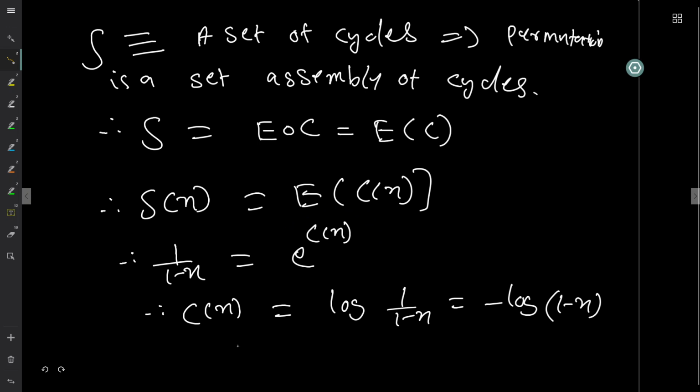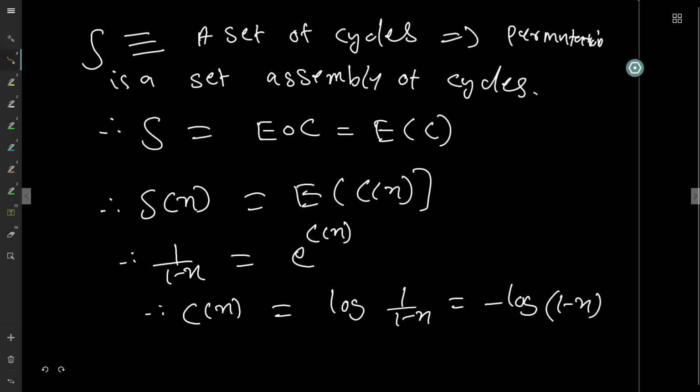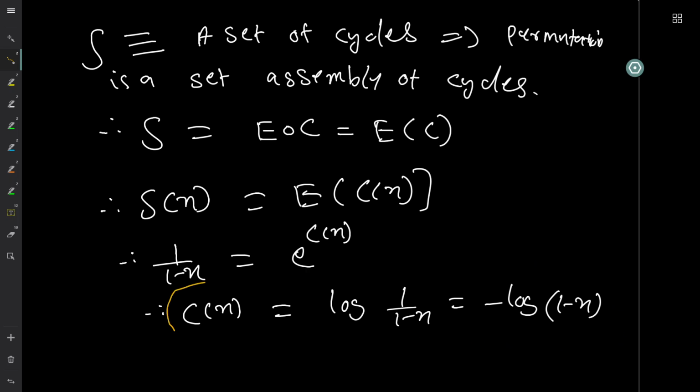Solving for C of x, we get C of x is equal to log of 1 by 1 minus x, which is minus log of 1 minus x. I think this is something that we claimed earlier, so we have a proof now. Using just this observation that a permutation is basically a set of cycles, we can directly find the generating function for the cyclic permutations.